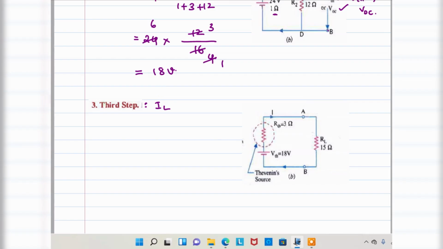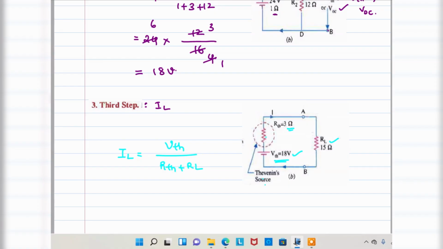To find out the load current, look at the circuit. VTH is 18 volt, RTH is the Thevenin's resistance 3 ohm, as well as the load resistance. You kept the 15 ohm disconnected, and now you connect this 15 ohm between A and B. Now the load current IL is equal to VTH divided by RTH plus RL.